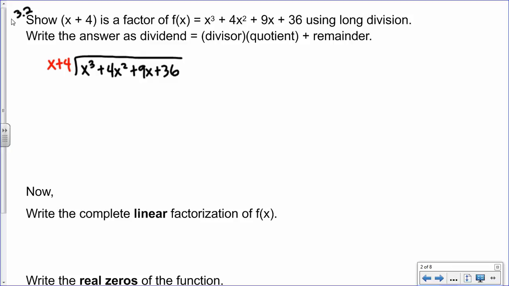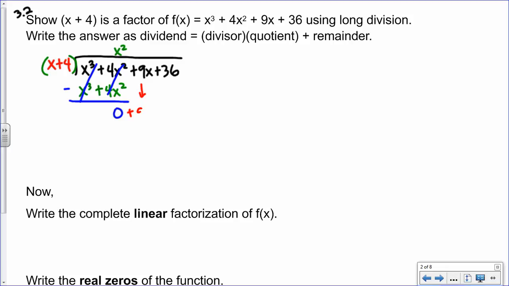Okay. So what would you need to multiply x by to get x cubed, x squared? And then we distribute, so that's x cubed plus 4x squared. And subtract down, subtract both terms. So 4x squared minus 4x squared is 0. Okay? Bring down your 9x.